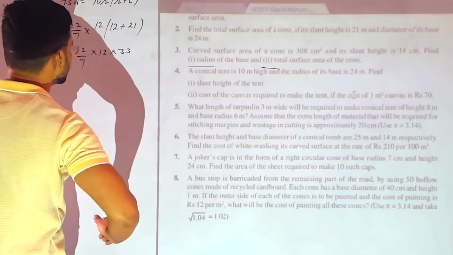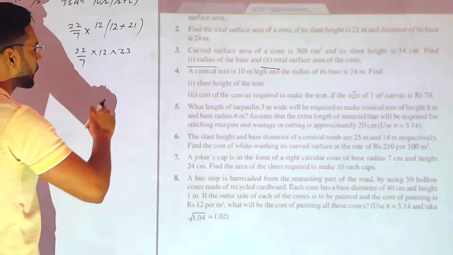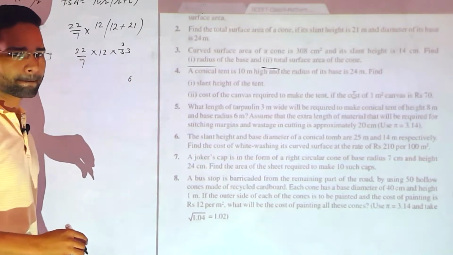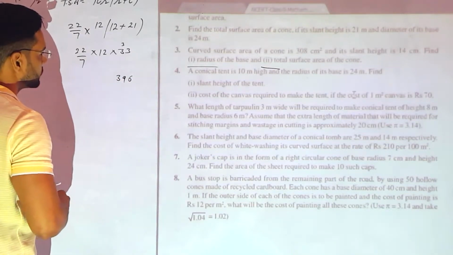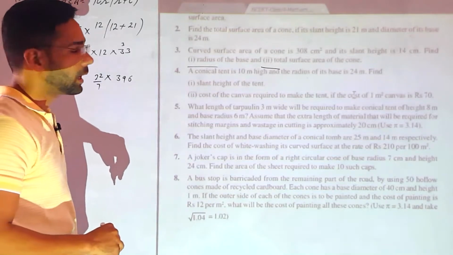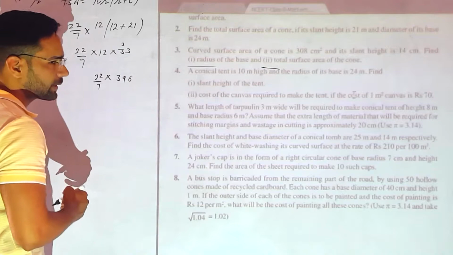Now cut it. 12 into 33: 12 3s are 36, 3 carry, 12 3s are 36 plus 3, 39. Now into 22 upon 7. Once again, 22 into 396.